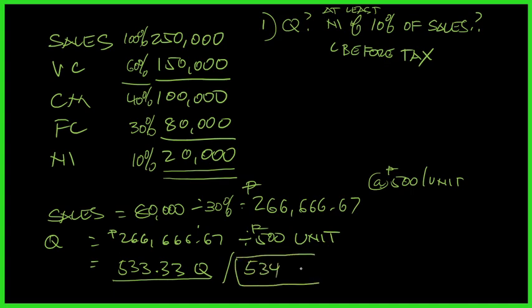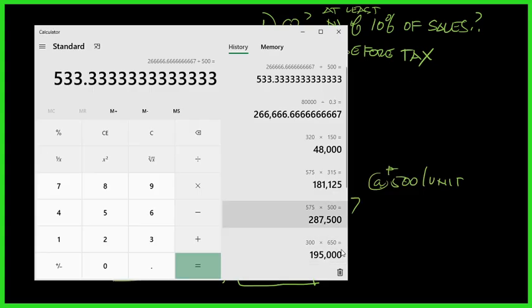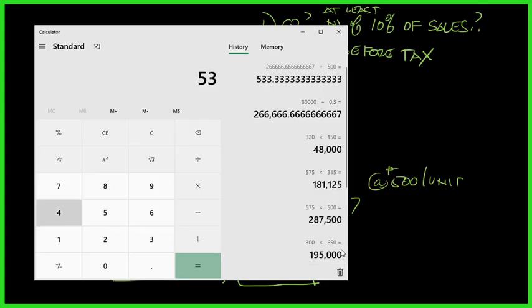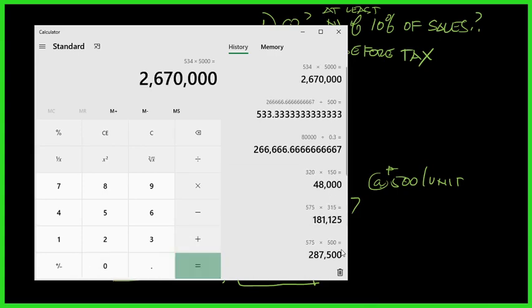Okay, so at 534 units, you may also want to compute for how much will be your sales. Kunyari, yun yung tinatanong. How much will be my sales so that I will have at least 10%? No? My net income will be 10% of my sales. So, ayun. At 534, you multiply that by 500, dapat ang sagot natin ay yung na-round up kanina. Tama po ba?